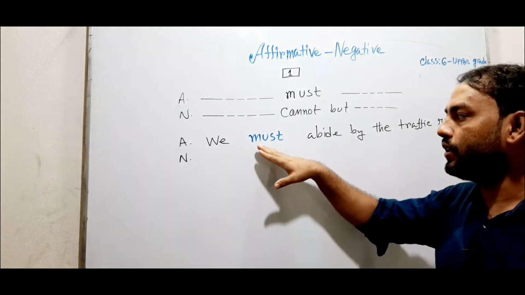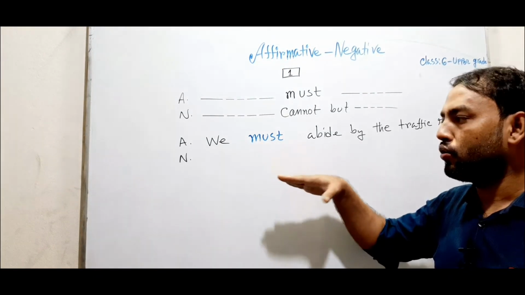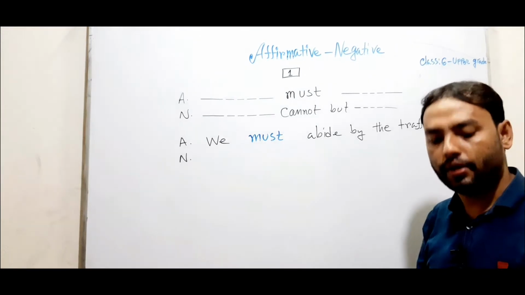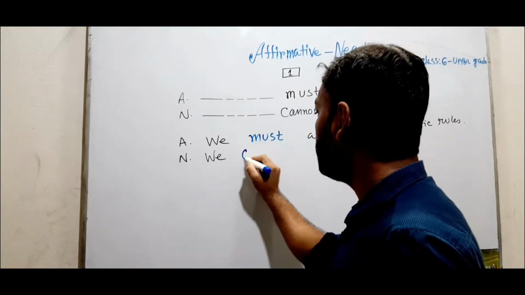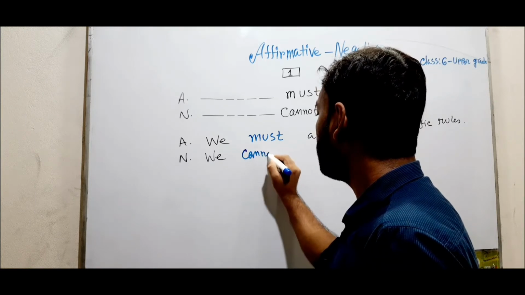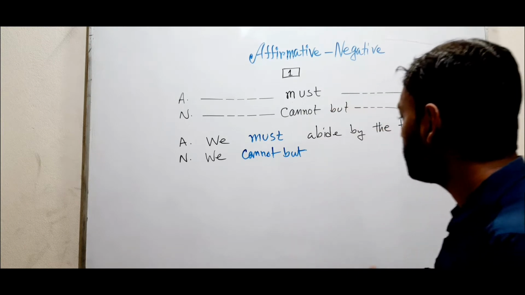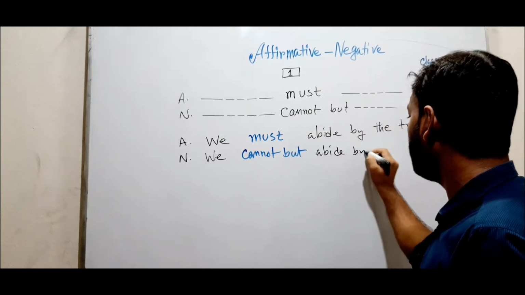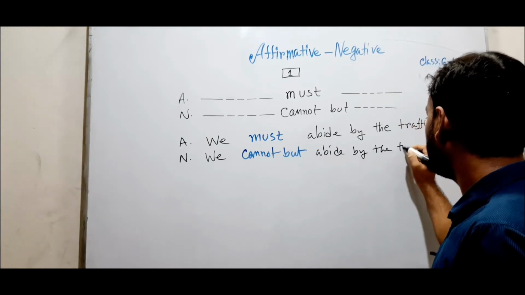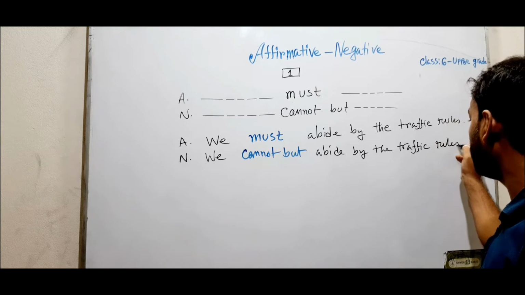Here you can see must. To make it negative, how can we make it negative? We cannot but abide by the traffic rules.